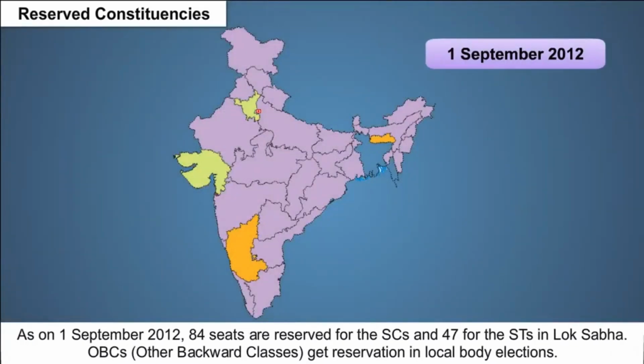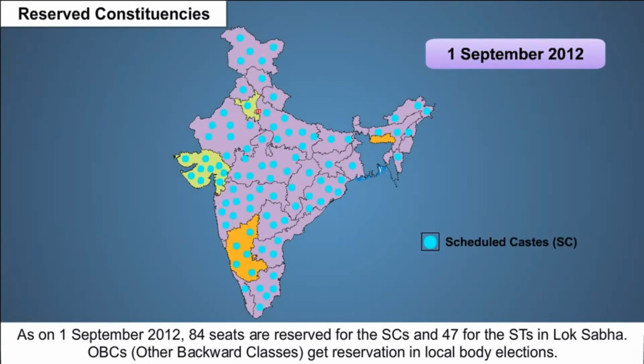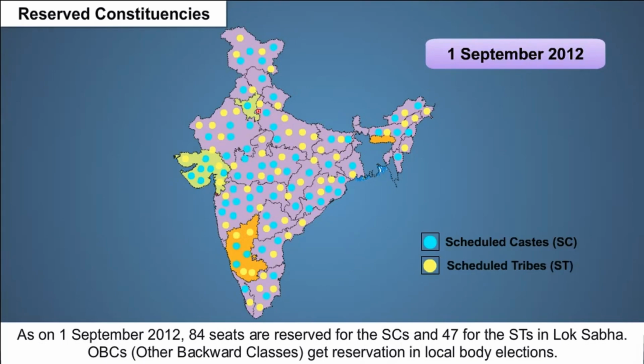As on 1st September 2012, 84 seats are reserved for the SCs and 47 for the STs in Lok Sabha. OBCs or other backward classes get reservation in local body elections.